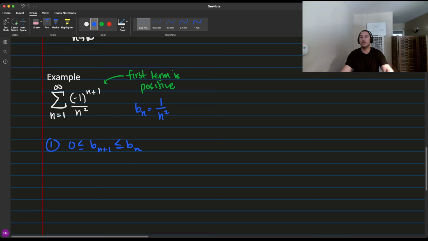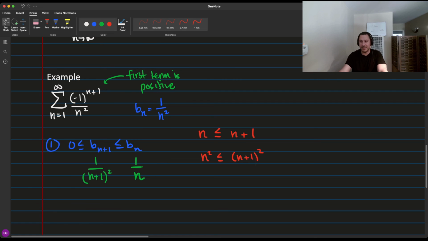So now the question is, are the terms decreasing? So bn+1 is 1 over (n+1) squared. And what's bn? 1 over n squared. We can verify that because if you start with n, that is less than or equal to n+1. Now, if you square it, n squared is still going to be less than (n+1) squared.